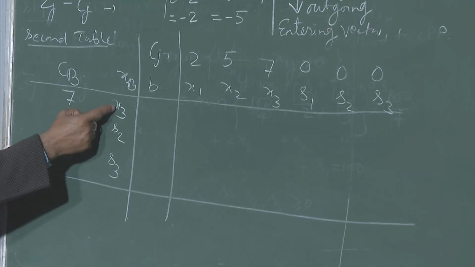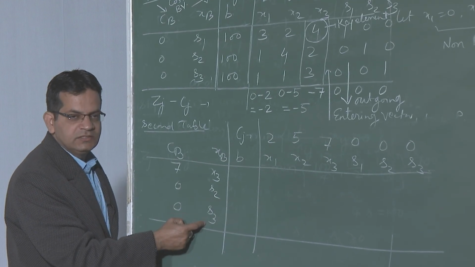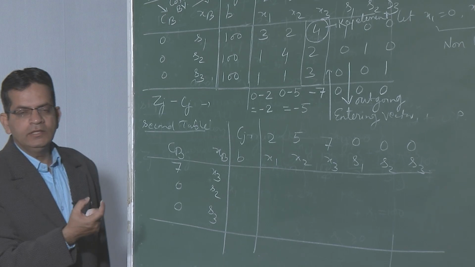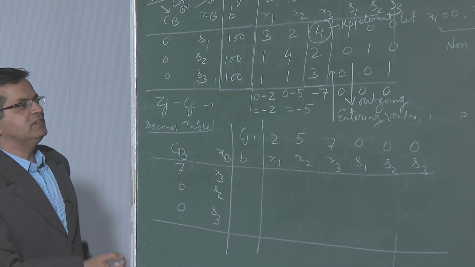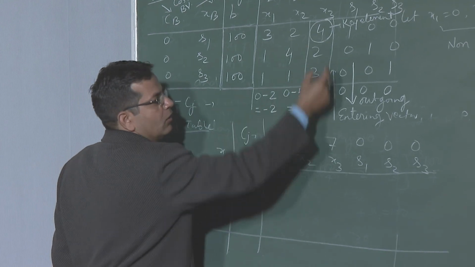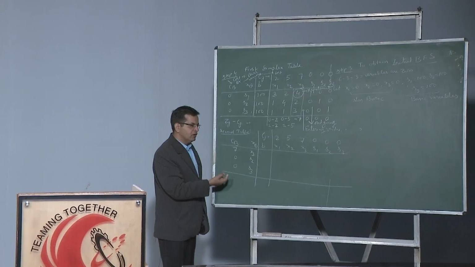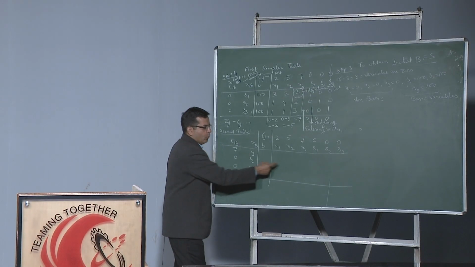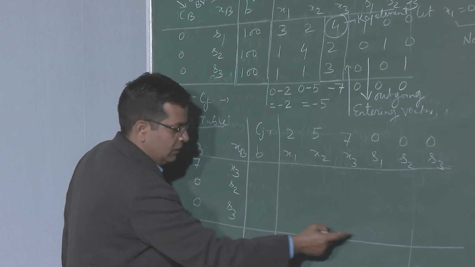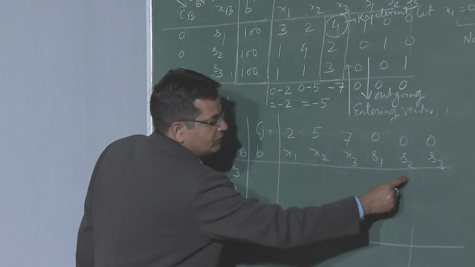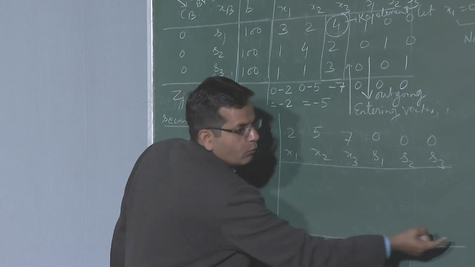Now, we have basic variables x3, s2 and s3, and as we already said, corresponding to basic variables we must have the columns of a unit matrix in the table. It means in the new table, corresponding to x3 we must have 1 0 0, corresponding to s2 we must have 0 1 0, and corresponding to s3 we must have 0 0 1.